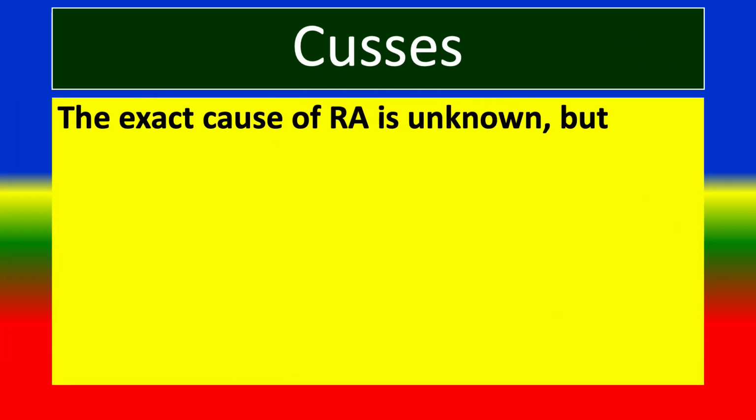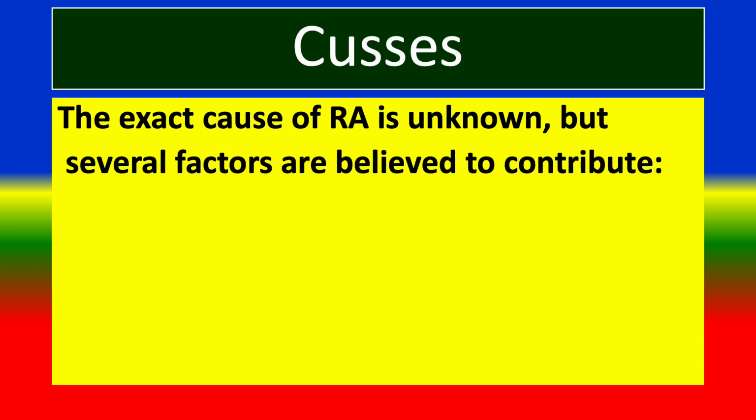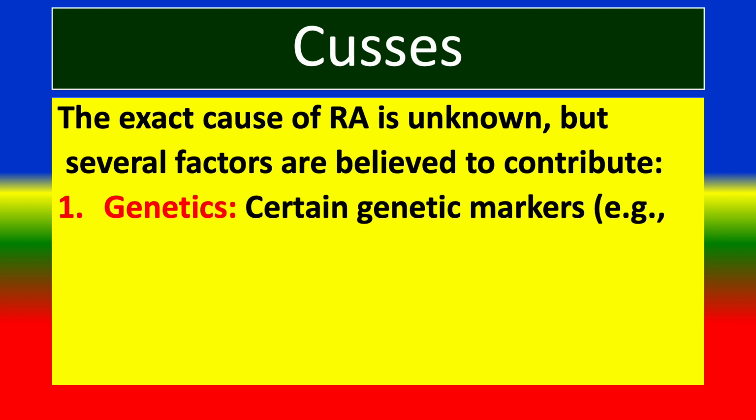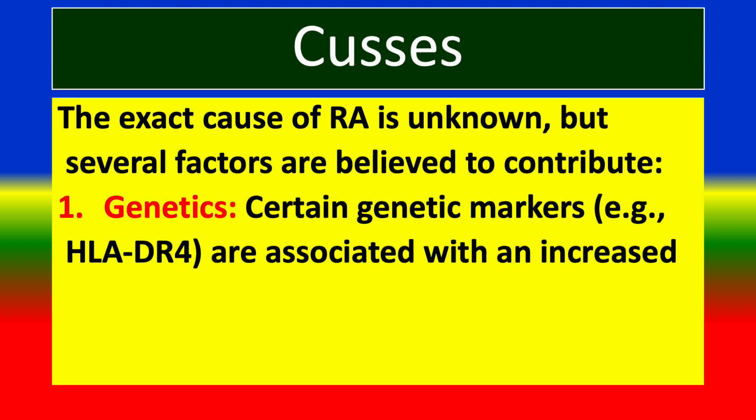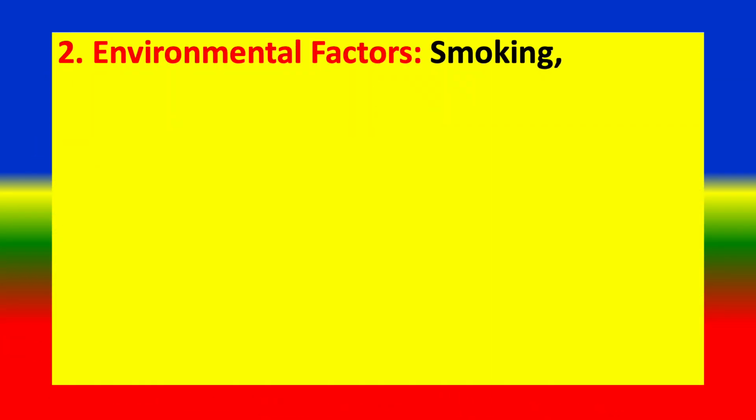Causes: the exact cause of RA is unknown, but several factors are believed to contribute. 1. Genetics. Certain genetic markers, for example HLA-DR4, are associated with an increased risk. 2.